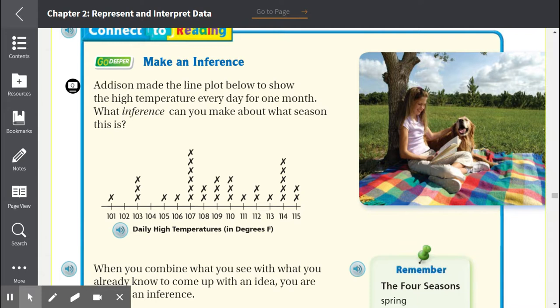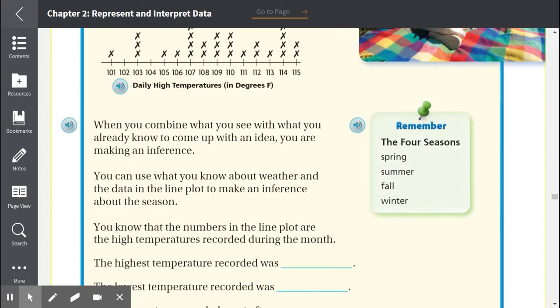So this month had 1, 2, 3, 4, 5, 6, 7, 8, 9, 10, 11, 12, 13, 14, 15, 16, 17, 18, 19, 20, 21, 22, 23, 24, 25, 26, 27, 28, 29, 30, 31. 31 days.